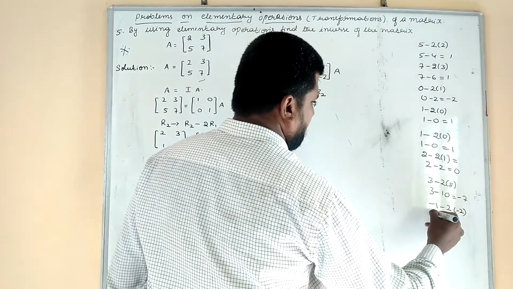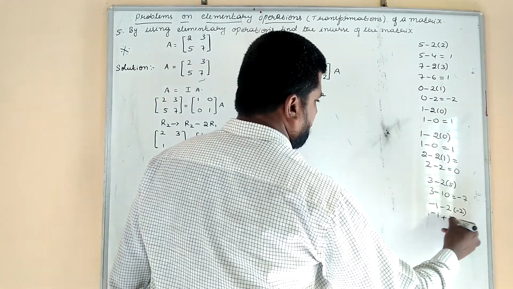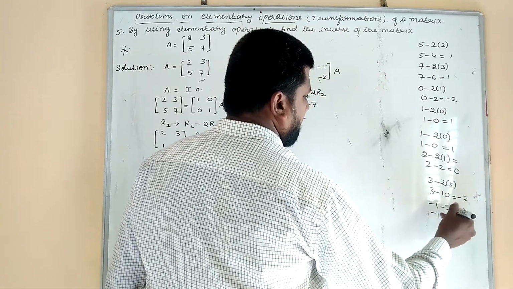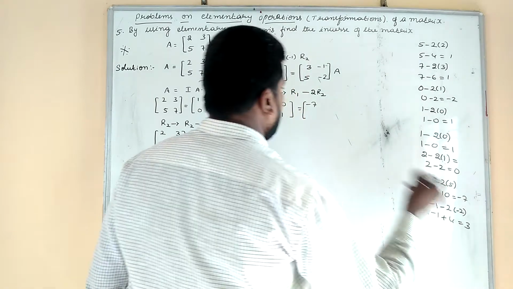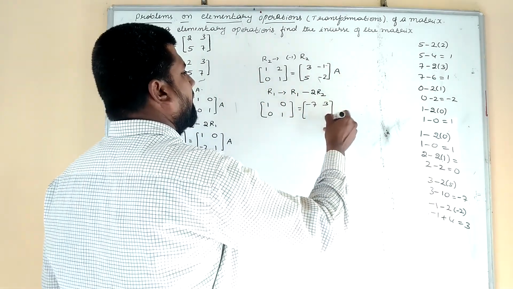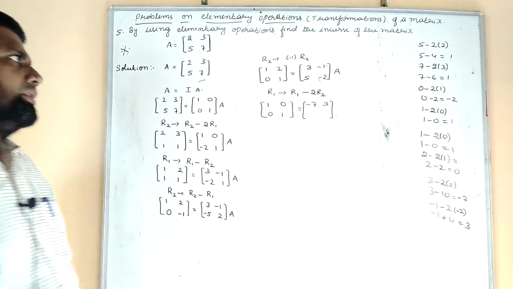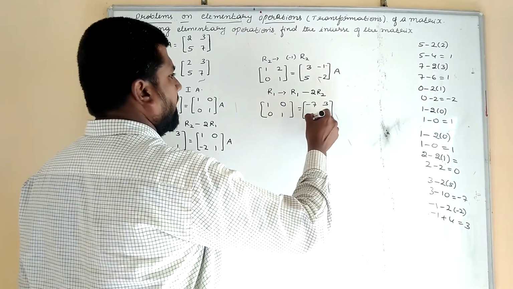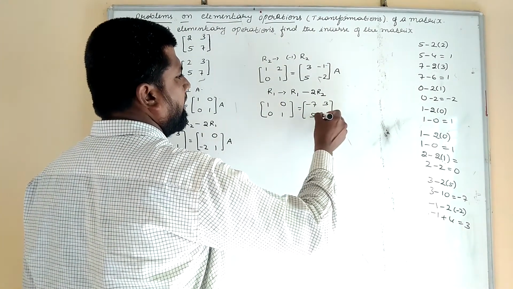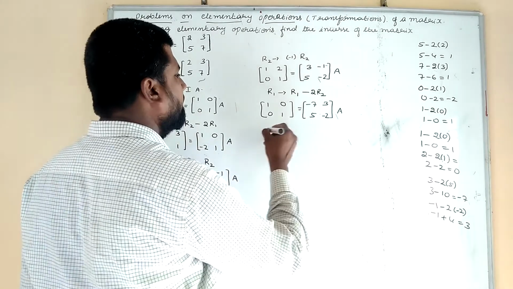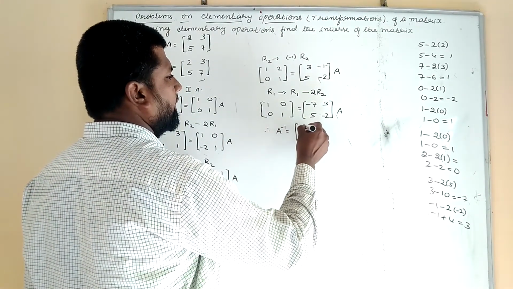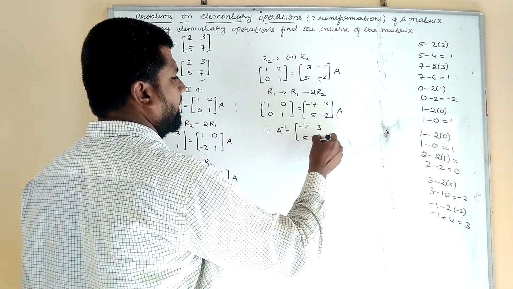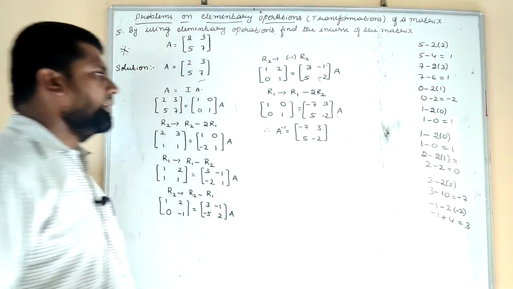Minus into minus is plus, 2 twos are 4. So 4 minus 1 is 3. We got the 3 here. The second one we should not change. So therefore A inverse is equal to what we got? Minus 7, 3, 5, minus 2.